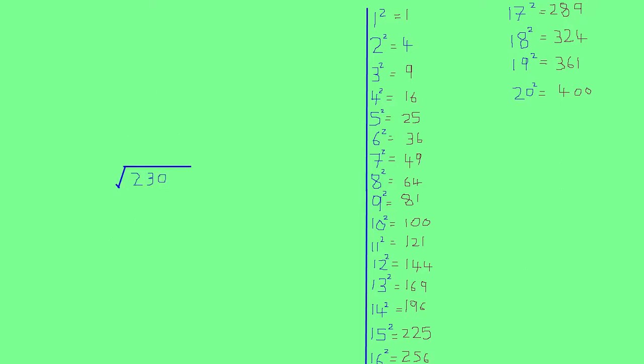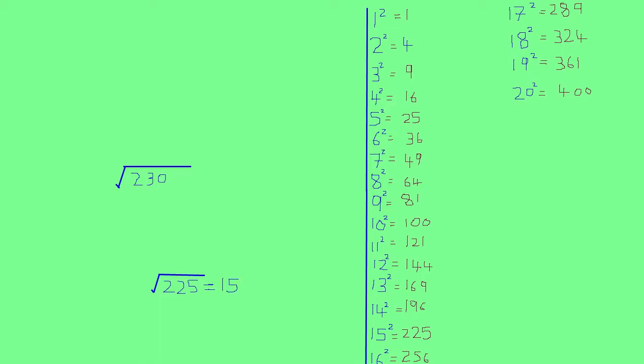Here we have the square root of 230. You can pause the video and try to work this one out. Okay, what perfectly squared number does 230 come after? That perfectly squared number is 225. The square root of 225 is 15.